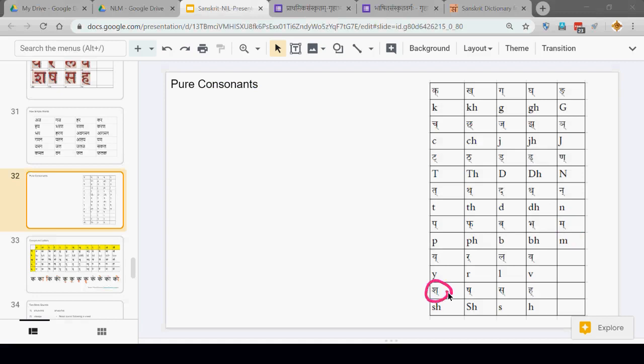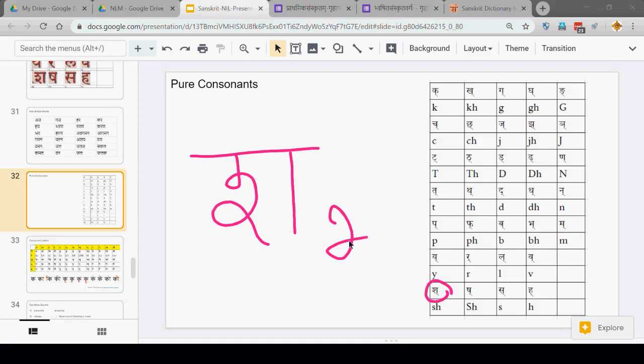So same thing with the sha. Let's take sha. So sha is also written like this. This is the complete sha. It already has a vertical line standing separately, unlike other letters where the vertical line is touching the main part, right? But in the sha, the vertical line is separate. This.